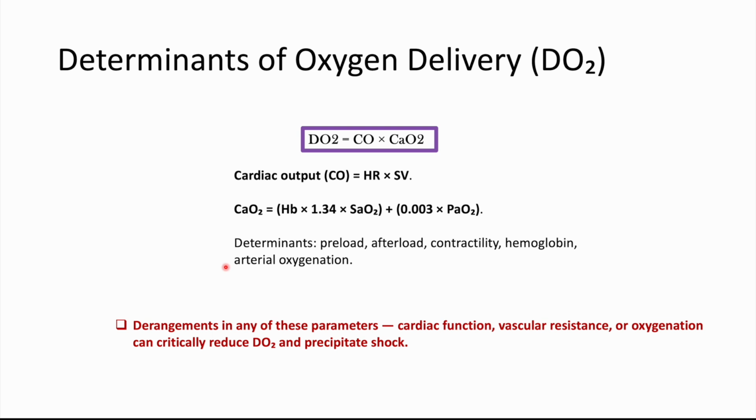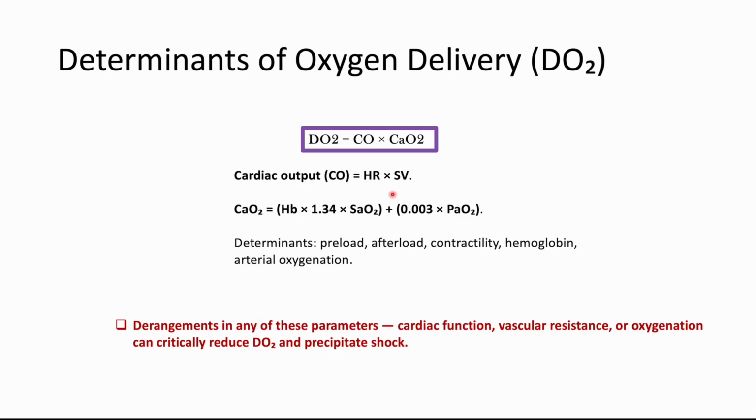So oxygen delivery is mathematically expressed as cardiac output multiplied by arterial oxygen content. So cardiac output depends on heart rate and stroke volume, which in turn are influenced by preload, afterload, and contractility.